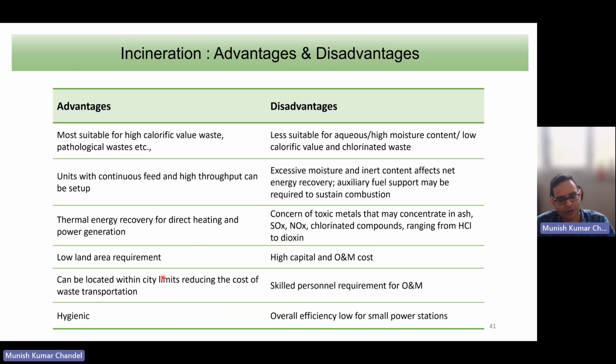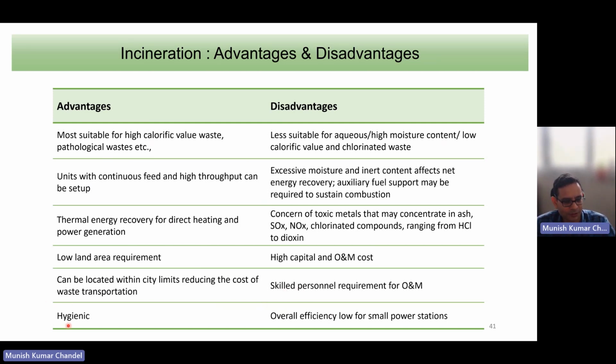So you can put it in the city domain itself, and of course the transportation cost would be reduced. The disadvantage is that skilled personnel are required for operation and maintenance, so you need to spend more money and you need more skillful people to do the job.